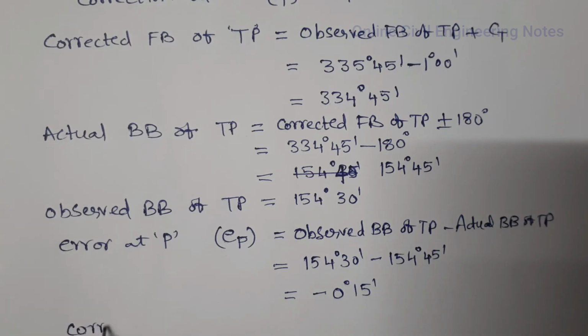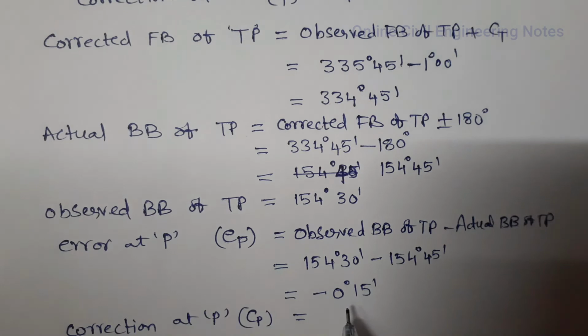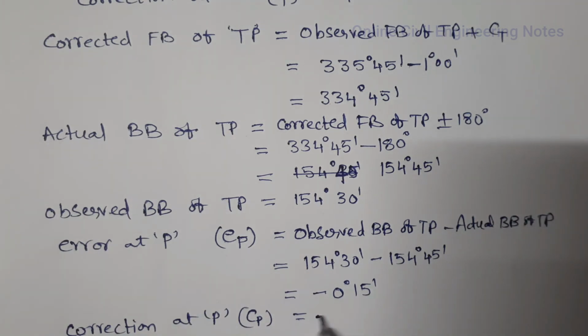Now correction at P is negative of this value. So minus into minus, plus 0 degrees 15 minutes.